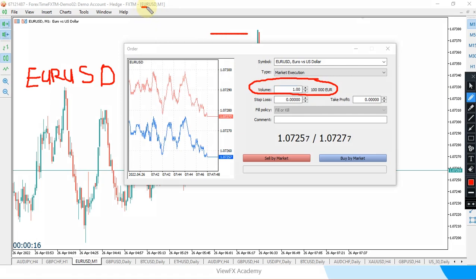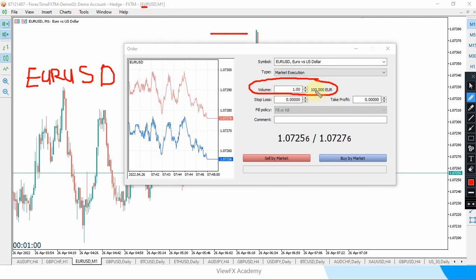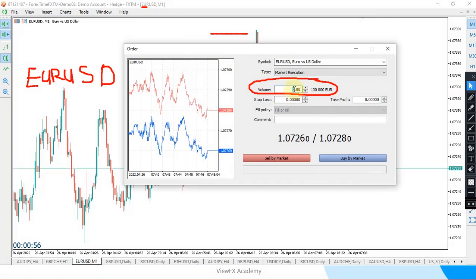Remember the base and quote currency class? We said the base currency is the first one. So when I choose a standard lot, I'm going to have 100,000 of the base currency. That is what I'm trading with. Now let's go to the second one, which is the mini lot, and that is 0.1.